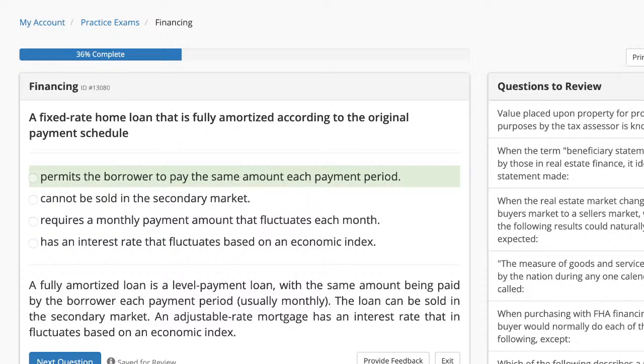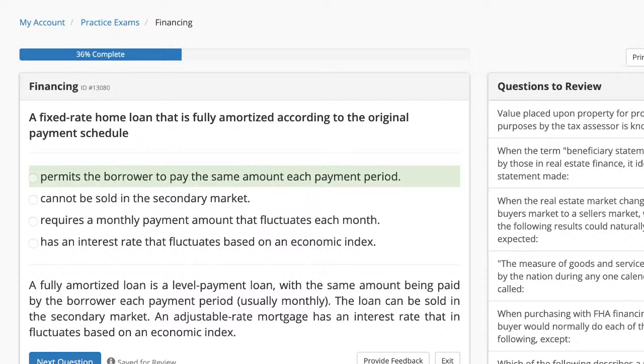What is a straight note? What do you guys think? So a straight note is when you only pay the interest and your debt stays the same.